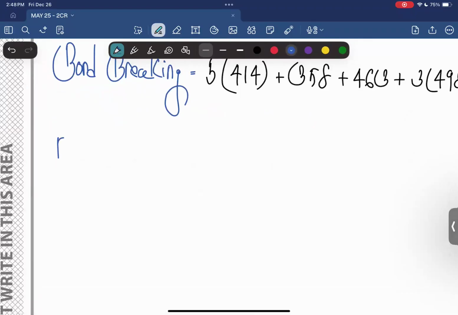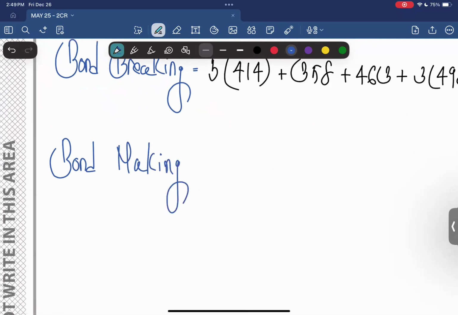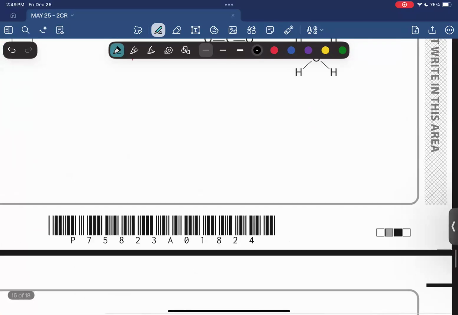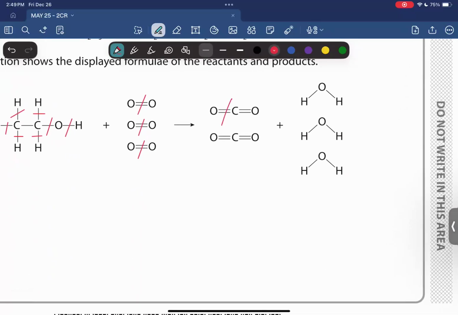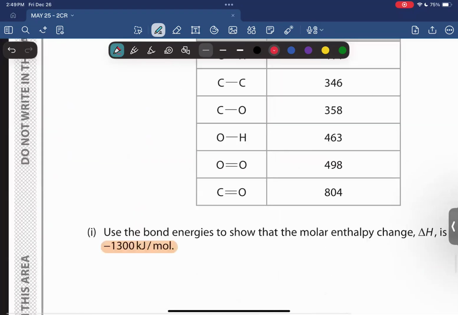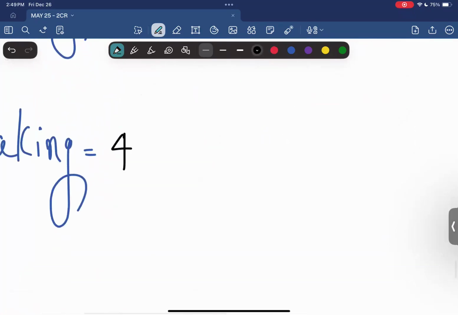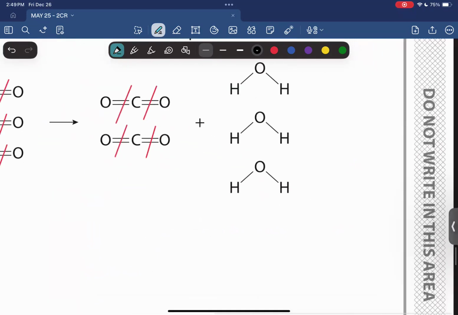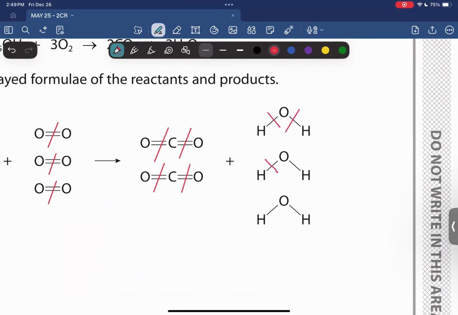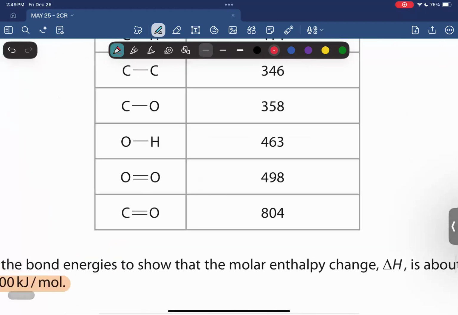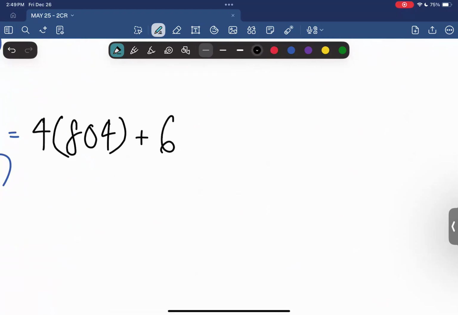Now let's calculate the one for bond making. Carbon-oxygen, how many bonds? 1, 2, 3, 4. 4 C=O bonds, and C=O is 804, so 4 times 804, plus O-H: 1, 2, 3, 4, 5, 6, so 6 times 463.